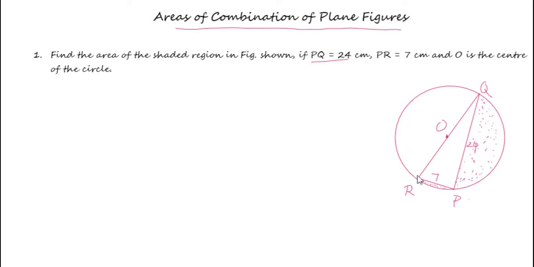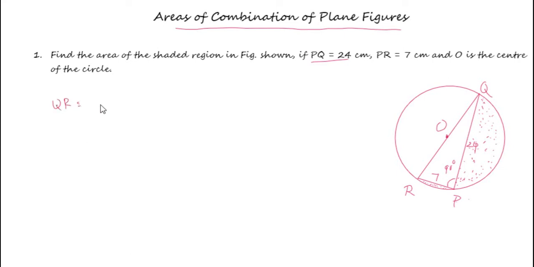Now QR is the diameter of the circle. So the angle subtended by the diameter on the circle is always 90 degrees. So this is a right angle triangle. In this right angle triangle, this is 24 centimeters, this is 7 centimeters. So we need to calculate QR, that is the diameter, or in this case it is the hypotenuse.